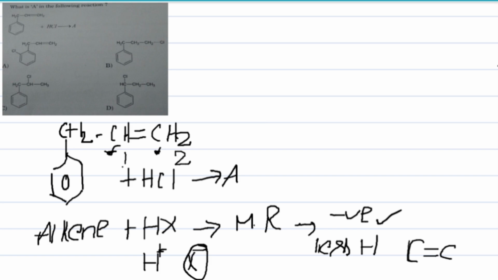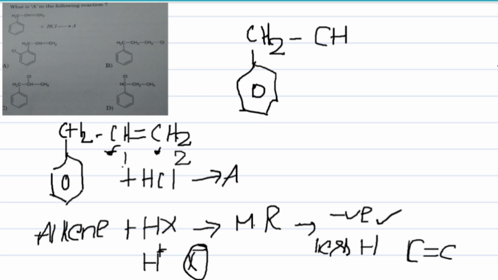So what negative part are we adding? HCl we are adding. In this HCl, Cl minus is the negative part. So Cl minus we have to add to the double bonded carbon with less number of hydrogens. So CH2, single bond CH, here less number of hydrogens are there, so for this carbon add the chlorine.